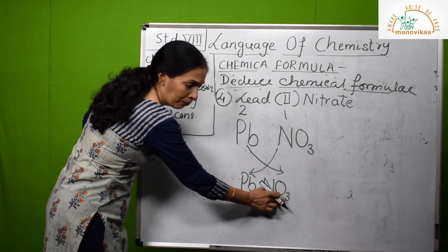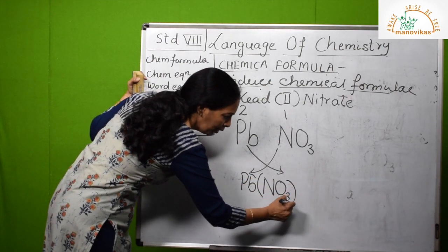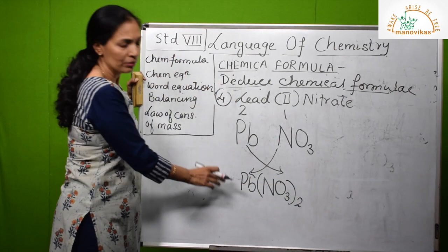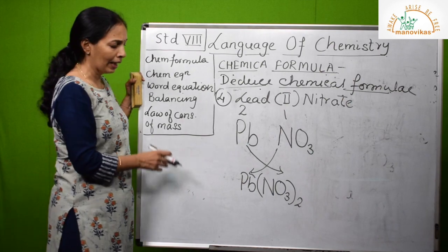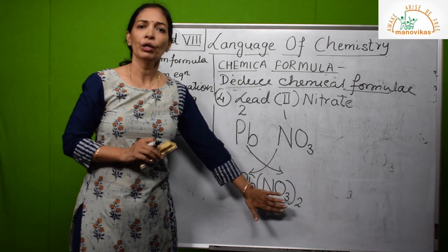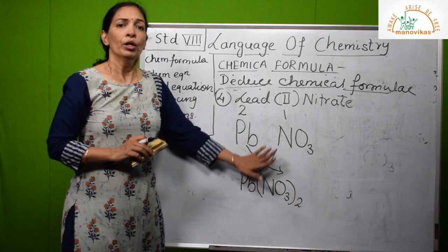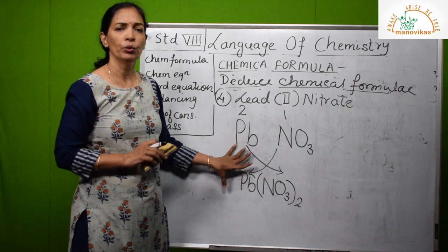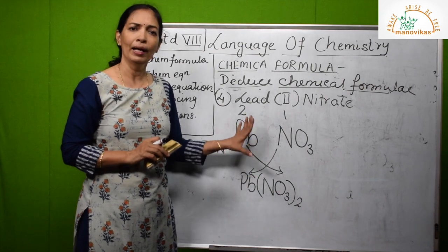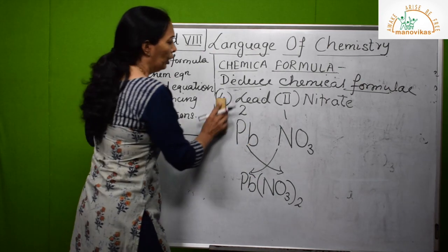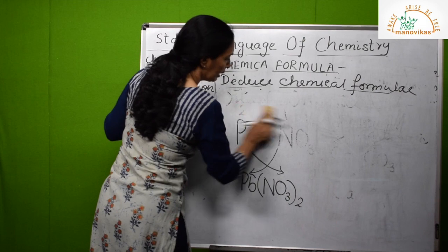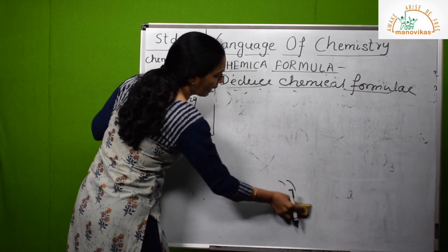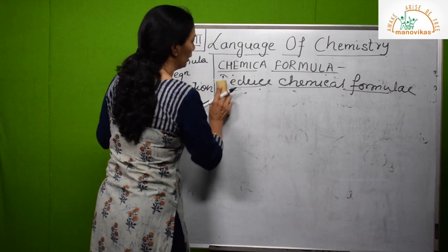Already there is a number here, so we have to put a small bracket and write. So this will be the formula of lead nitrate, Pb(NO3)2. In this way, you can derive the formula of any compound provided you know the cation and anion along with their valency. This is how we derive chemical formulae, which is also called deducing chemical formulae.